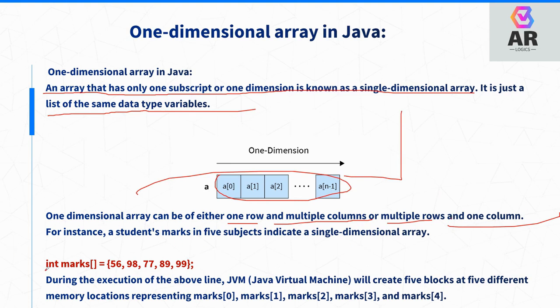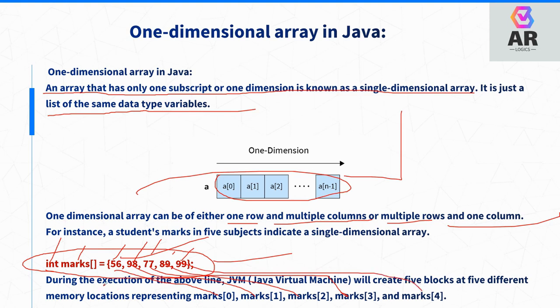Suppose this is for the one-dimensional array: integer is the data type, and this is the variable declaring the integer values. During execution, the JVM will create a block of 5 different memory allocations, indexes 0, 1, 2, 3, 4.